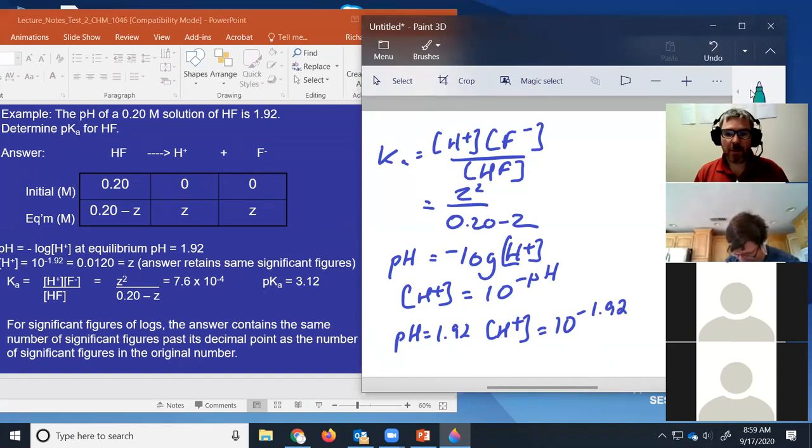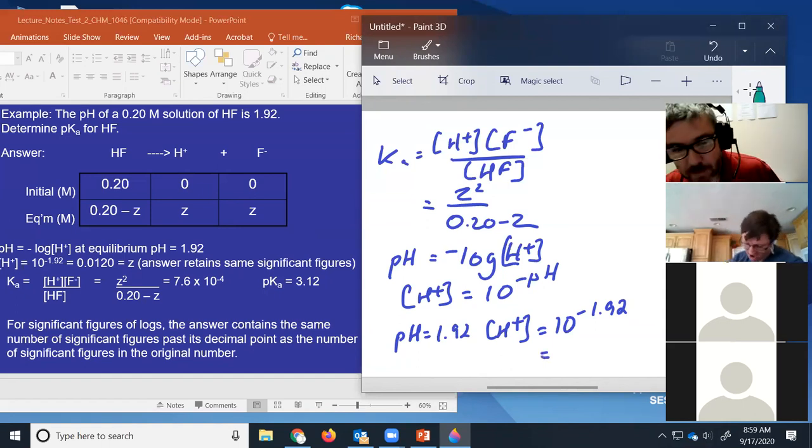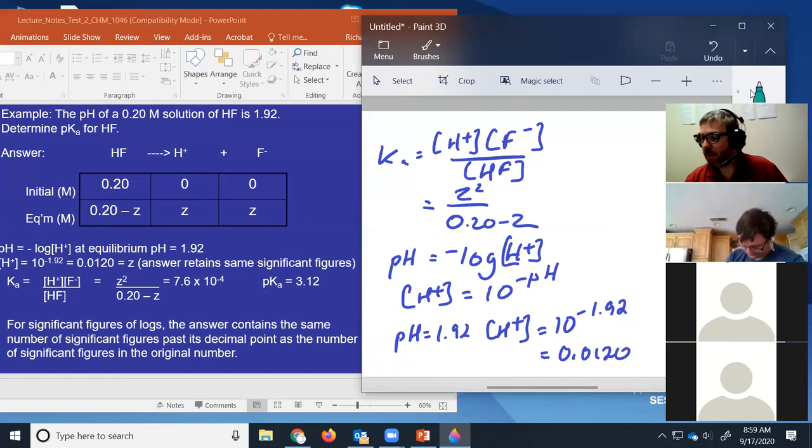There's a couple of ways you can put that into your calculator. You can do negative 1.92 and then do second function log. That'll do the trick. And then that comes out to be 0.0120 molar. Anybody got any questions?